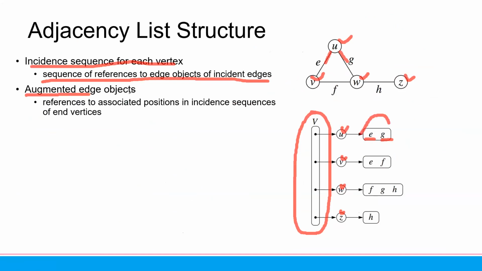The augmented edge object is a reference to the associated position in the incident sequences of n vertices.